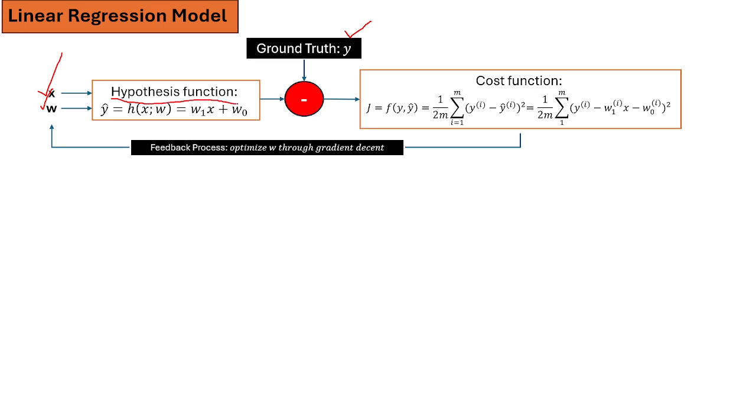So what is actually a hypothesis function? It's a function that predicts the ground truth, or the actual value of the output. The whole purpose of linear regression is to predict the value of this y.